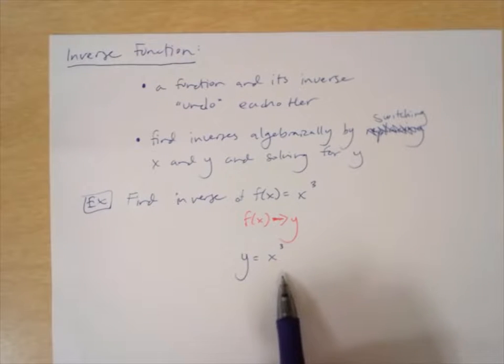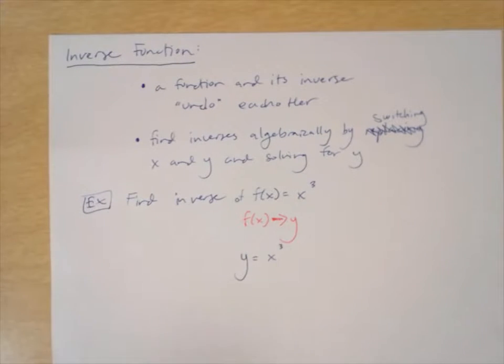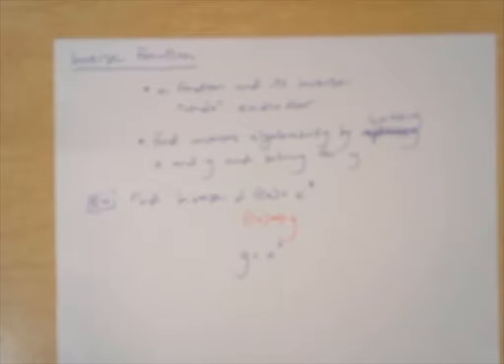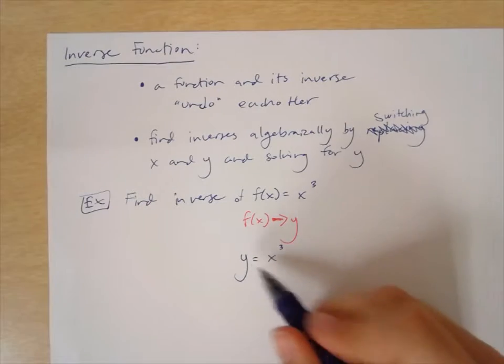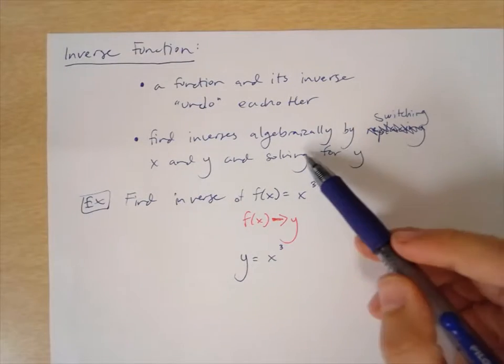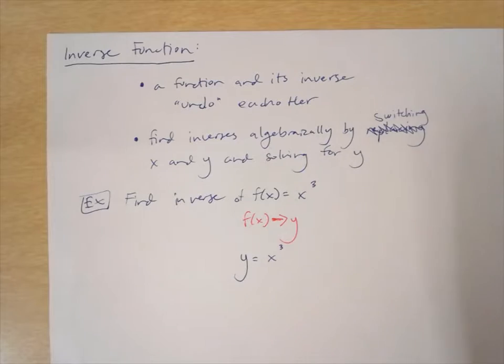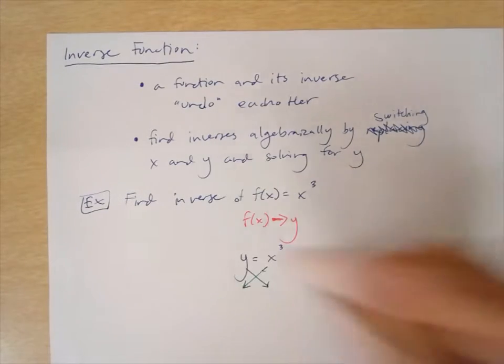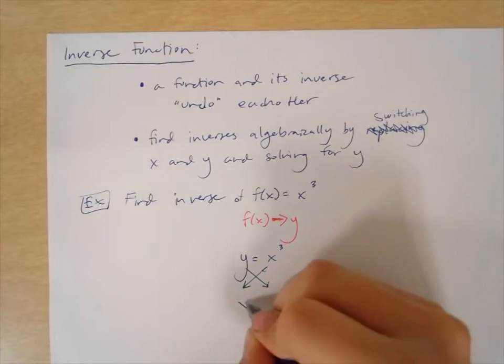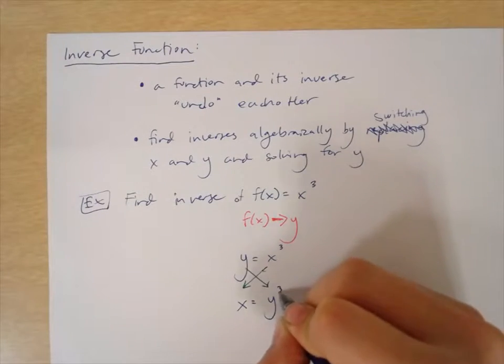We're going to follow our rule that says when we want to find the inverse, we switch x and y and we solve. So we're going to put y over here and put x over here. So we're going to say x equals y cubed.